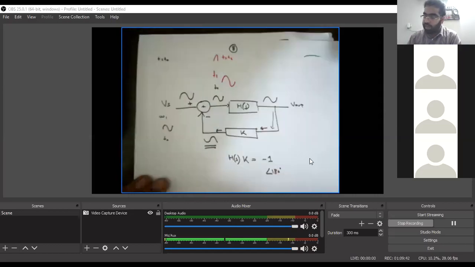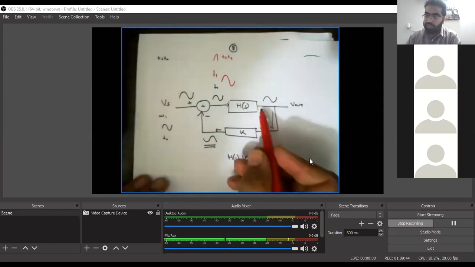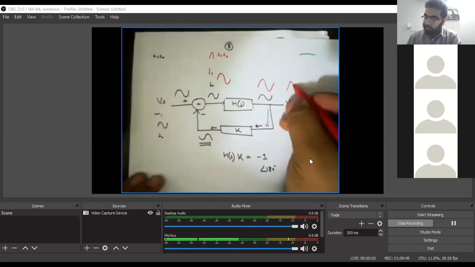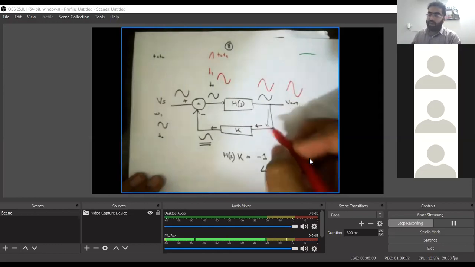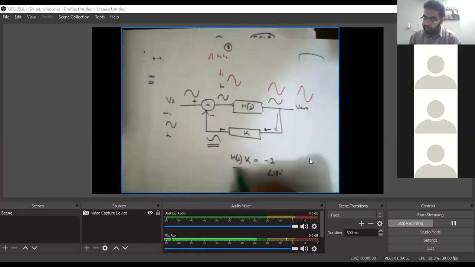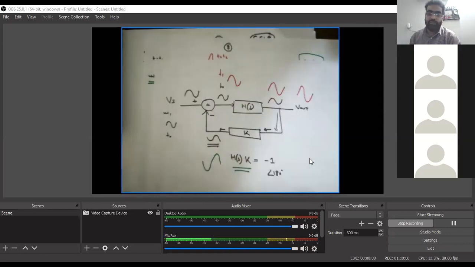The signal will again pass through this, whatever the transfer function will do, and we have an amplified version here. This amplified version will again pass through this feedback path, through H(s) and K, and we have a bigger amplified version, but again out of phase, and subtracted again.